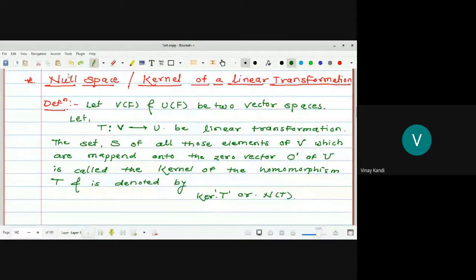If T of X is equal to 0, then X is an element of S, and S is called the kernel of the homomorphism, denoted by kernel of T or N of T. What is N of T? The null space of that linear transformation.